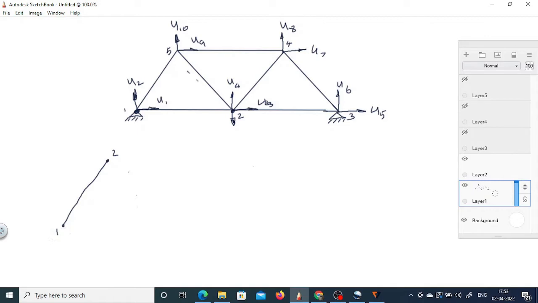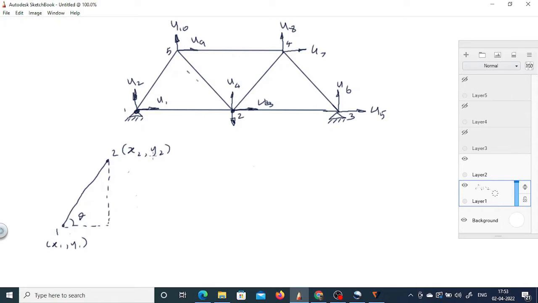The first node has coordinate points x1, y1, and the second node has coordinates x2 and y2. Now I can draw the vertical line and horizontal line, which makes an angle known as theta. What is the distance of this vertical line?